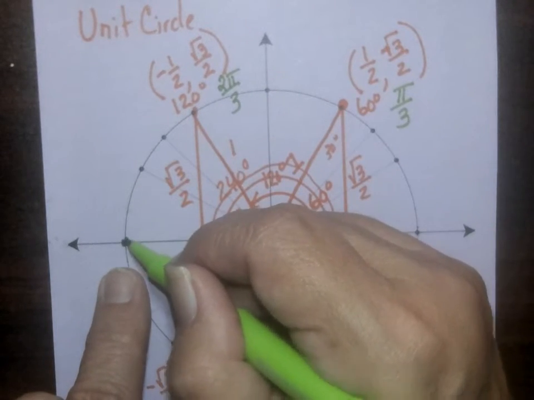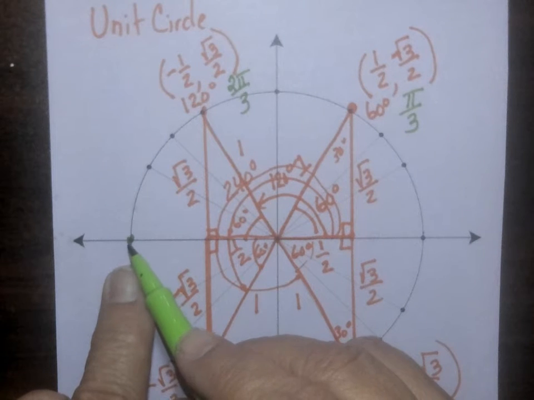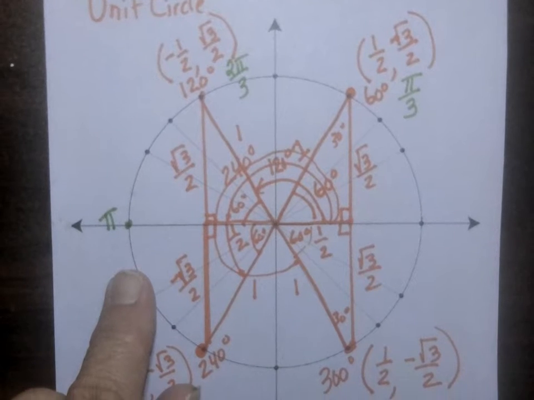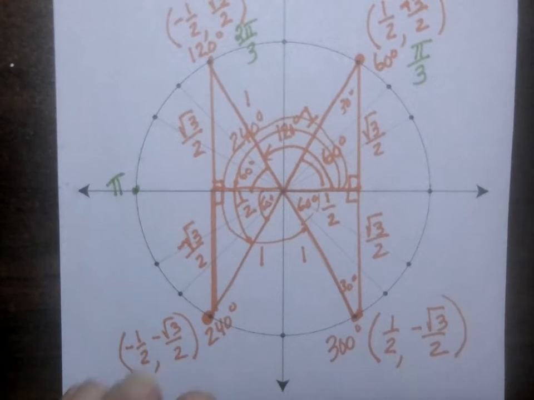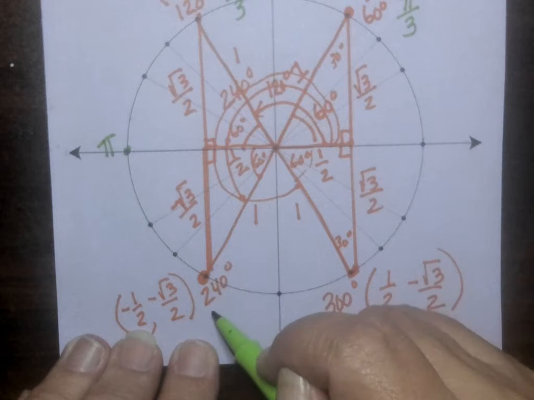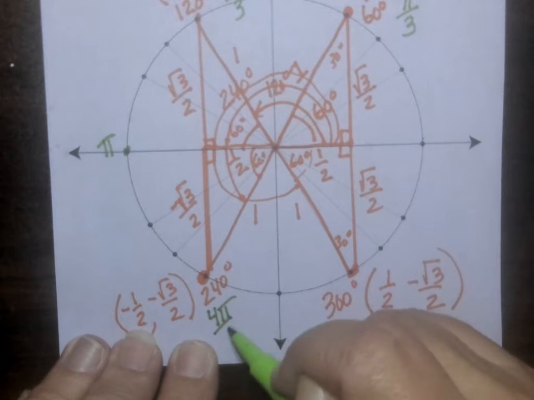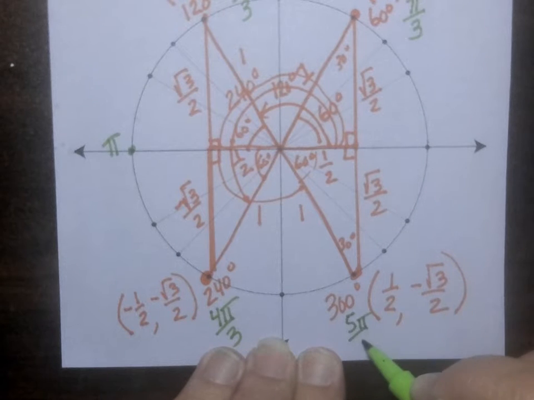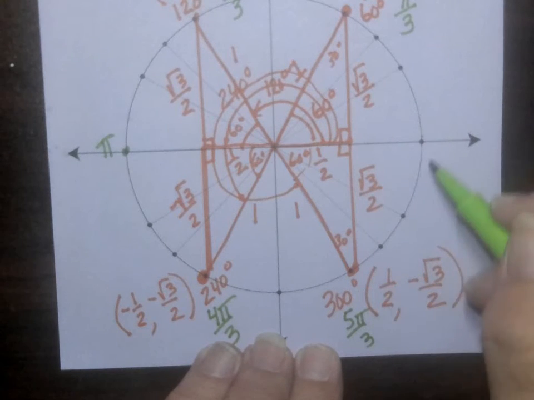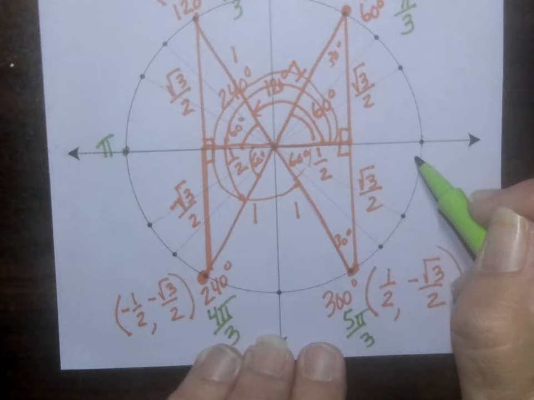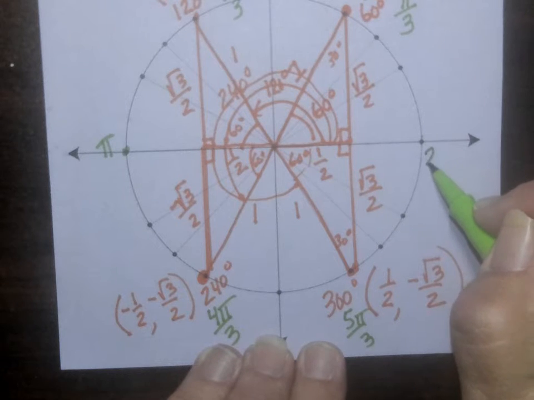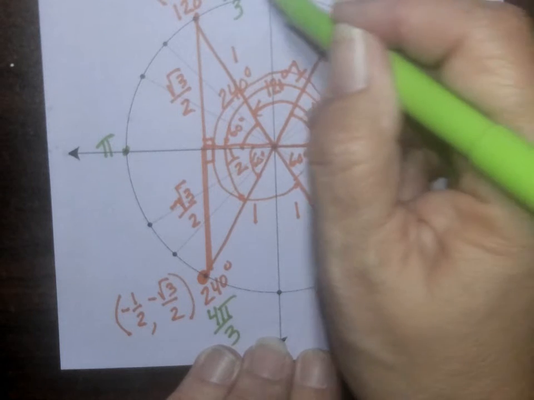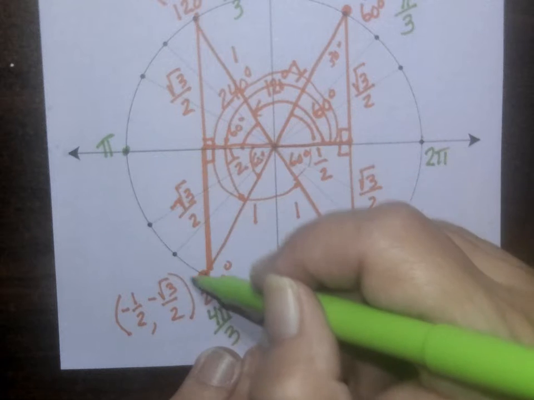And then you see when we come down here, this will be 3 pi over 3. 3 pi over 3 is 1 whole pi. And so then this is 4 pi over 3. And then this is 5 pi over 3. And then we get back around to start, which would be 6 pi over 3, and 6 pi over 3 is 2 pi. So here we're counting in increments of pi over 3.